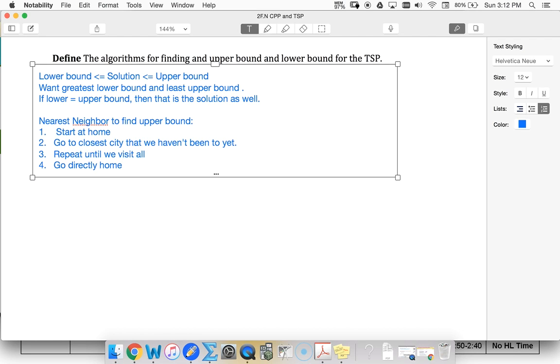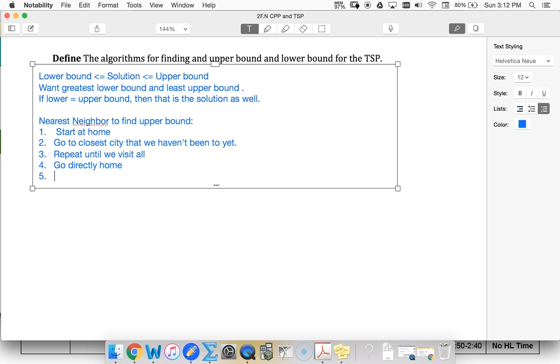If not, it's not going to end up being your starting base. So once we've accomplished that, we find the total, and that is your upper bound.